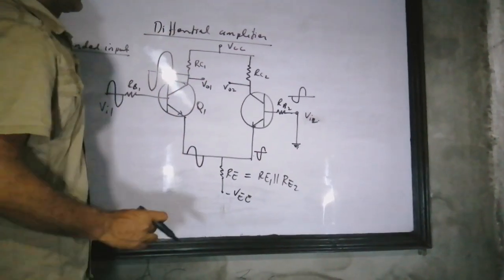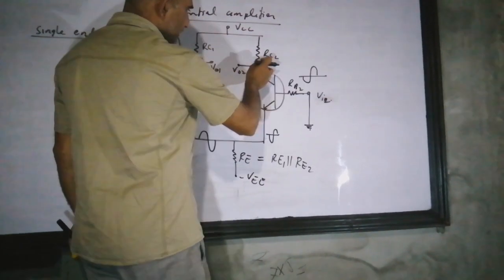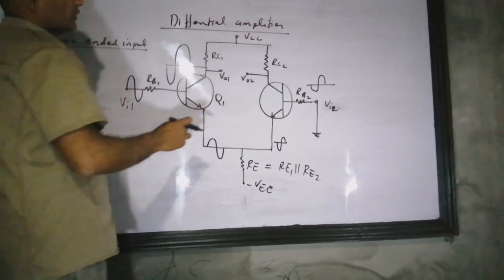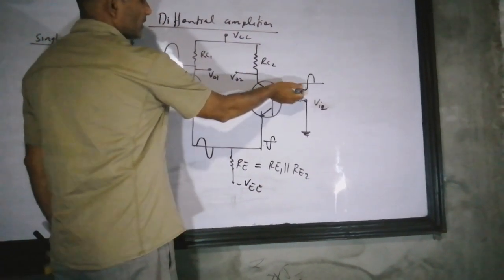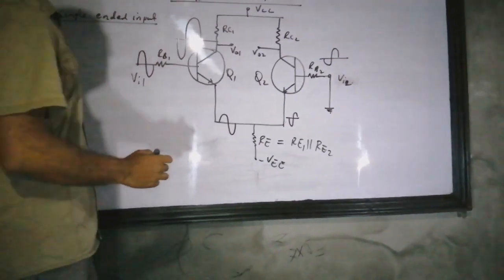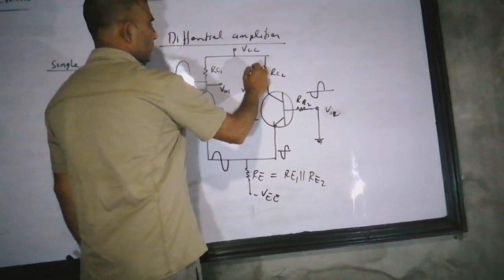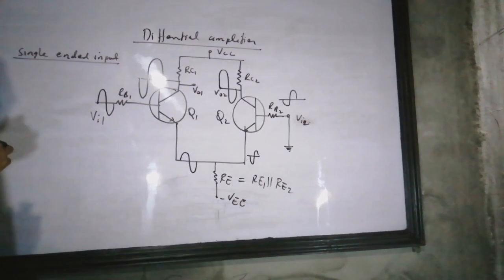Okay, and so this signal appears here, and this is also a common emitter inverting amplifier. So this transistor Q2 will invert this. If Q2 inverts this, then what type of signal will you get? Amplified, but opposite of this. So this will look like this.